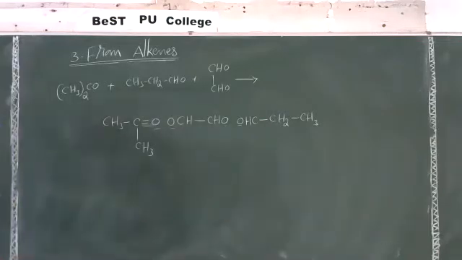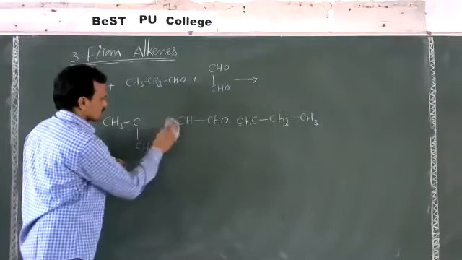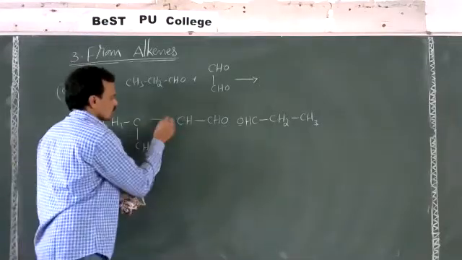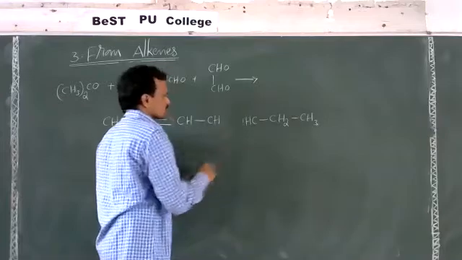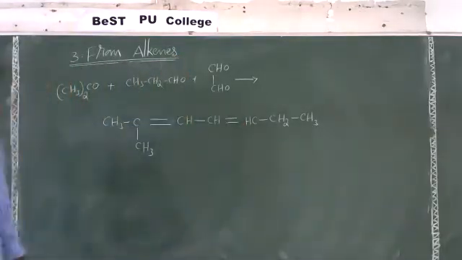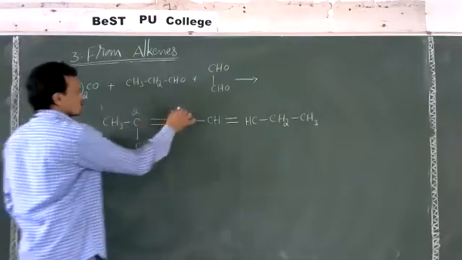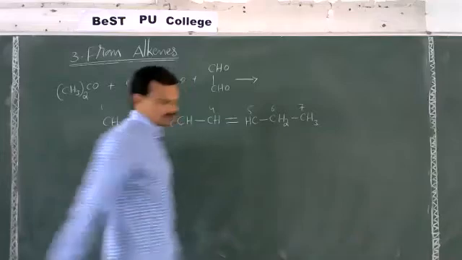Now, if you want to get the starting alkene, just remove the two oxygens, join the two carbons by double bond. Here also remove the two oxygens and join the two carbons by double bond. This is the starting alkene. So what should be the name now? 1, 2, 3, 4, 5, 6, 7.